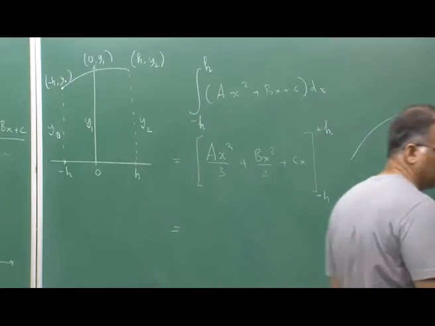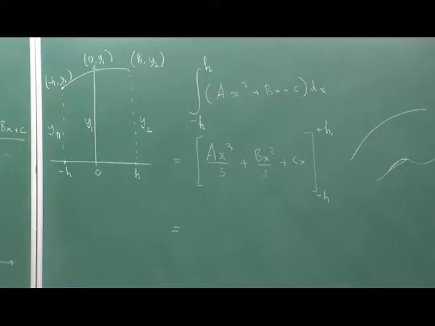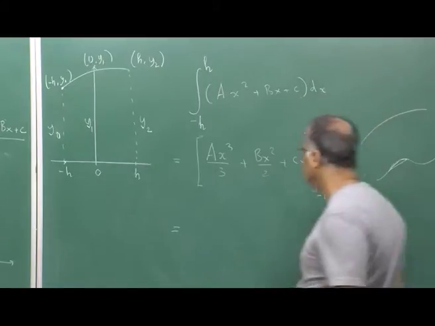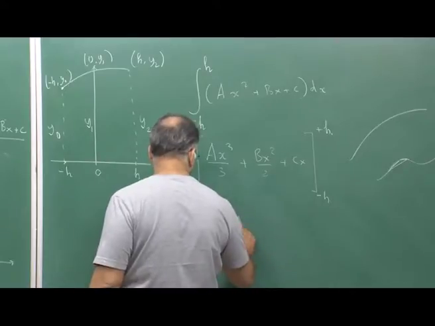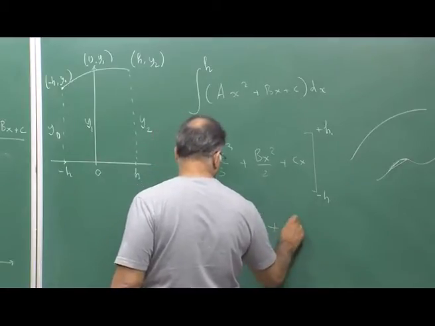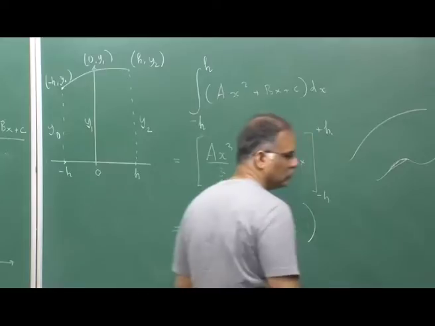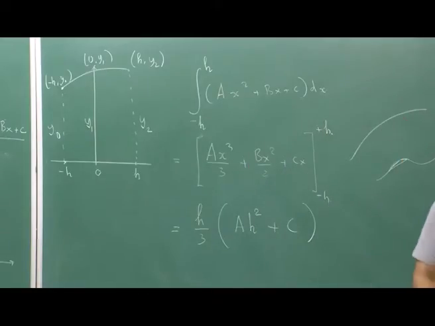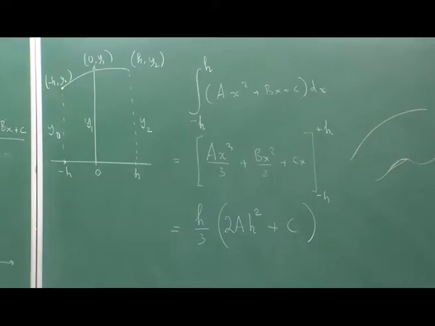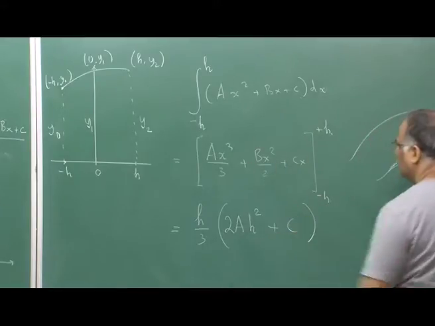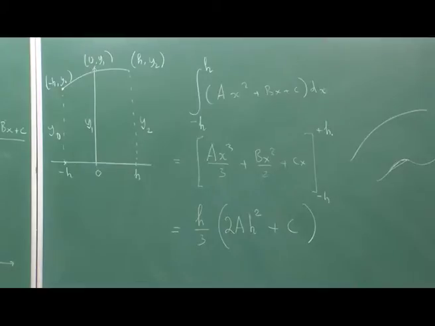The final answer, I am writing it down from Thomas's calculus, is, so sorry, 2h square. So, you put h and then you put minus h and do all sorts of things.